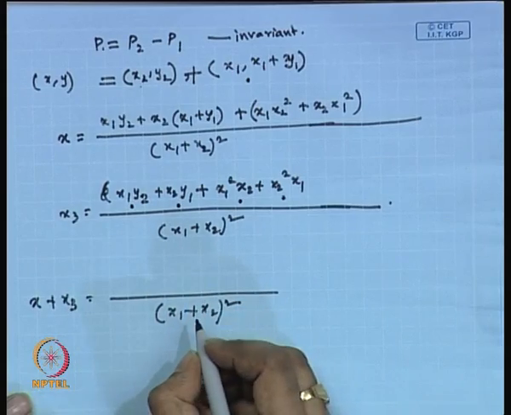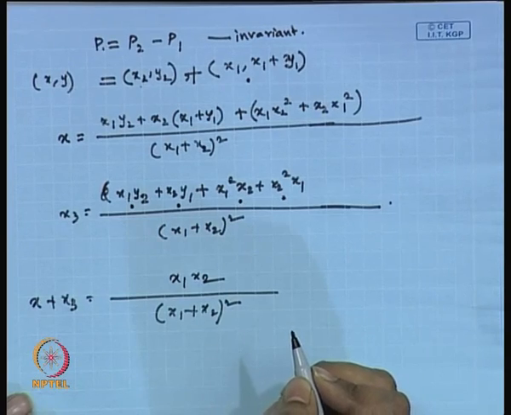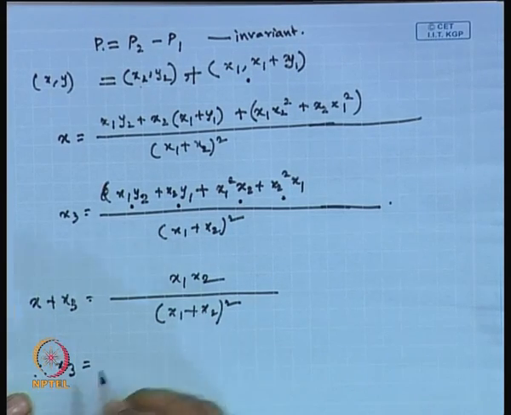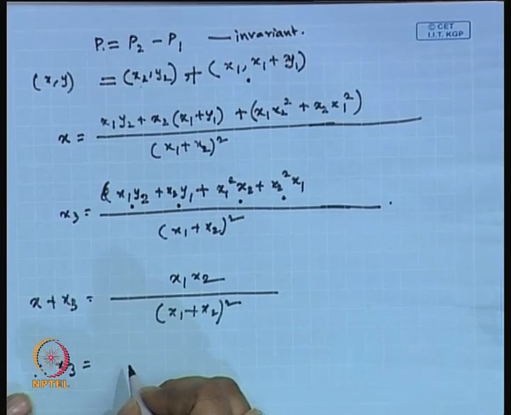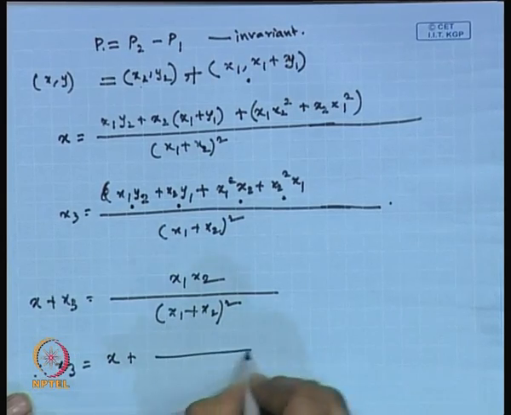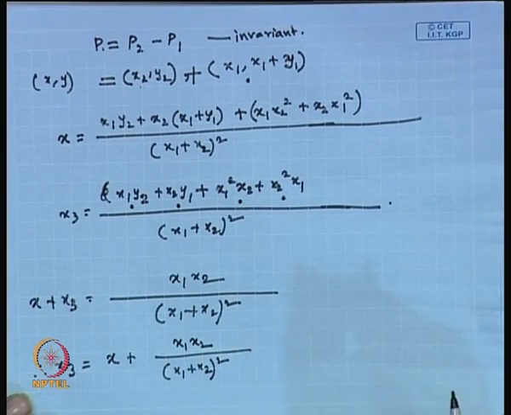So, what you will be remaining with is only x1 x2. Therefore, you can rearrange these terms and express x3 as x plus (x1 + x2)^2 into x1 x2. Now you see that if you want to do this operation, then how many multiplications do you need?